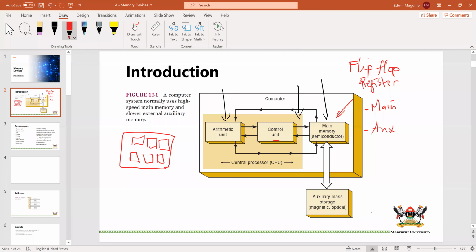And so when you want to get information from this one, you need to specify which specific register you want to get your information from. And so that really gives us the idea of addresses. That means that each part of the memory, or each register, needs to have an address, and you can call that register addresses.